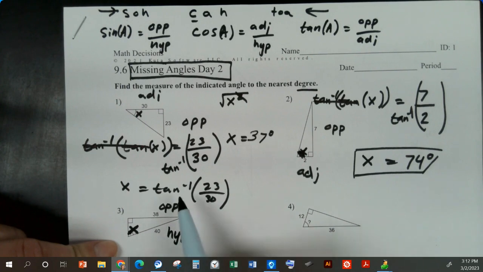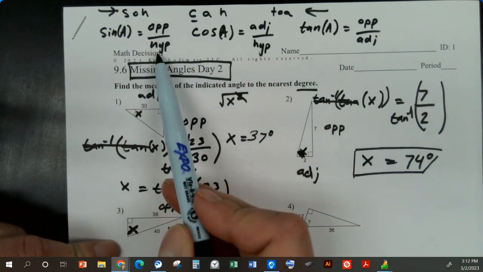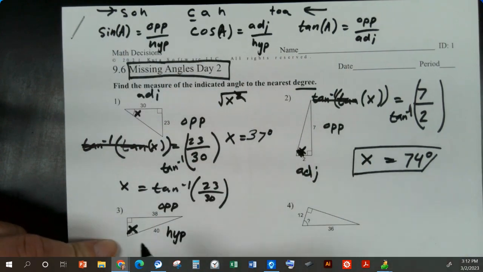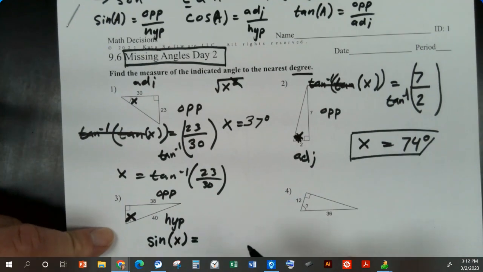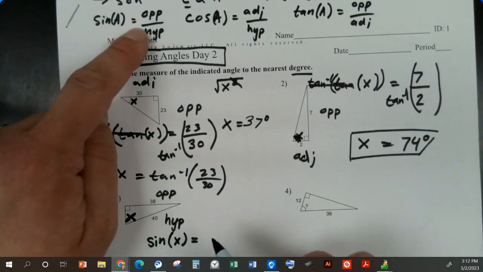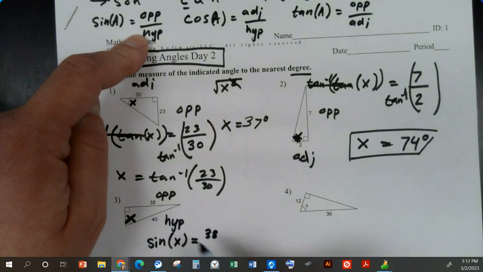Very good. Okay, so then we need the relationship that relates the opposite and the hypotenuse. So if we look up here, opposite and hypotenuse is the sine. So then we do sine of our angle, which is x, equals opposite over hypotenuse. So opposite side is 38. Hypotenuse is 40.